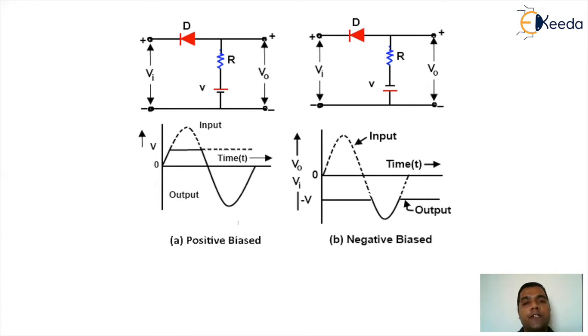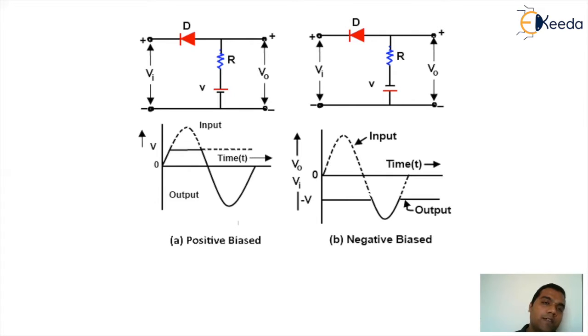So if you observe carefully, there is a battery of V volt attached to a diode via R, and the input given will be a sinusoidal function. So if I assume V as any potential which is a fixed value, let's say 2 volts, under that situation the anode of the diode will be at 2 volt.